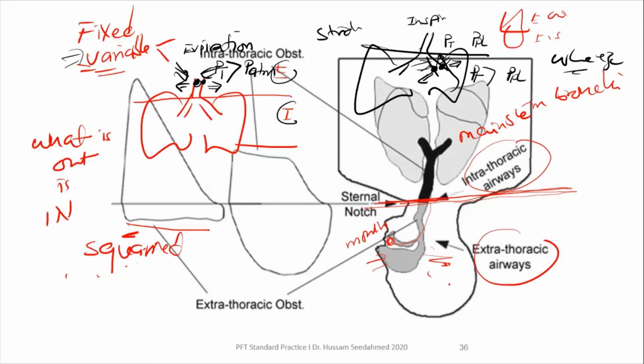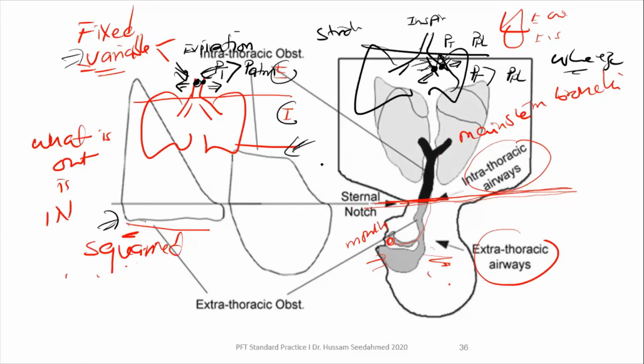Extrathoracic airway obstruction will cause a squared-off appearance of the inspiratory portion of the curve, whereas intrathoracic airway obstruction will cause a squared-off appearance of the expiratory portion of the flow volume loop.